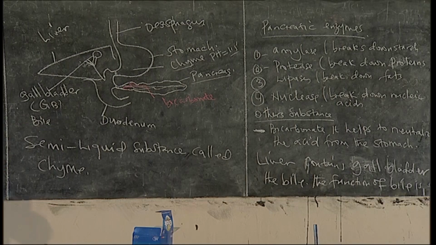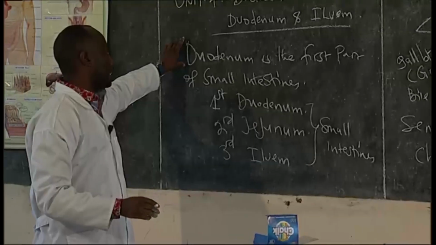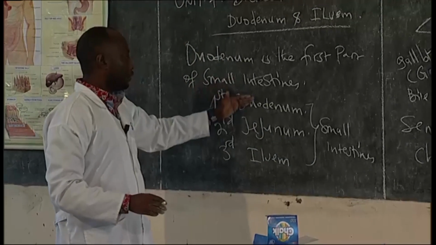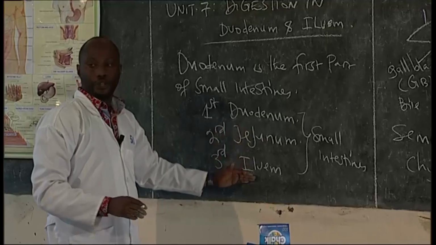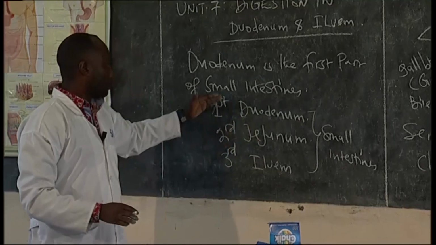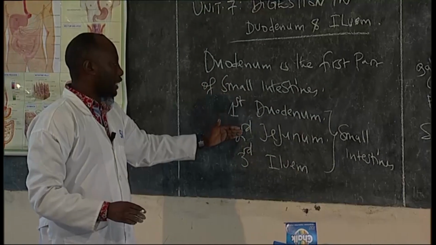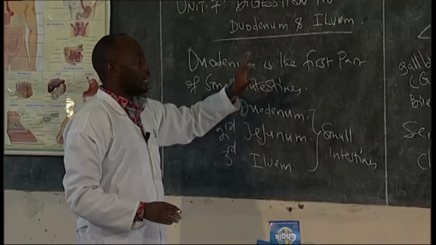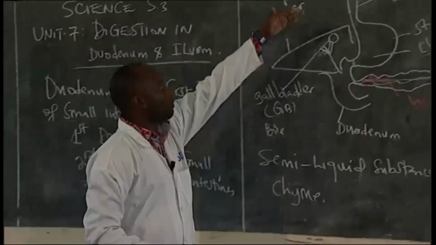So let's talk about digestion in the ileum. Simply, I can summarize it this way. The duodenum is the first part of the small intestine, and the small intestine is made up of three major parts: the duodenum, the jejunum, and the ileum. The digestion starts from the stomach.